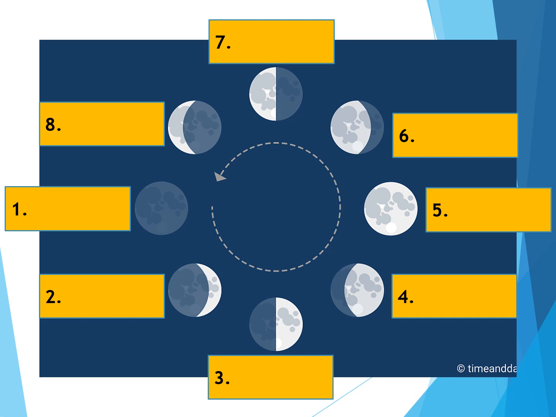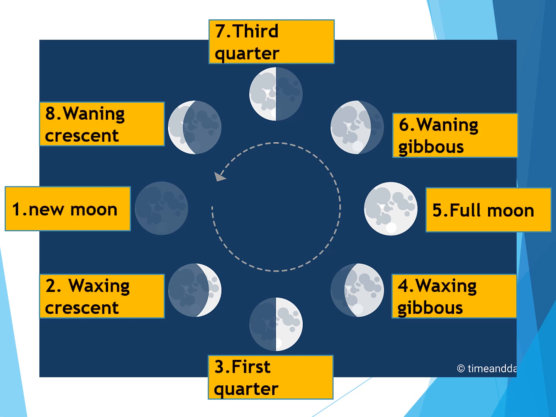Okay, time to check your answer. Number 1 is new moon, 2 waxing crescent, 3 first quarter, 4 waxing gibbous, 5 full moon, 6 waning gibbous, 7 third quarter, and 8 waning crescent. If you have a perfect score of 8, you're amazing!